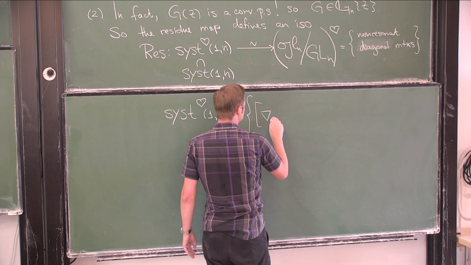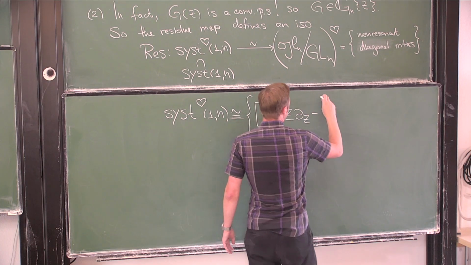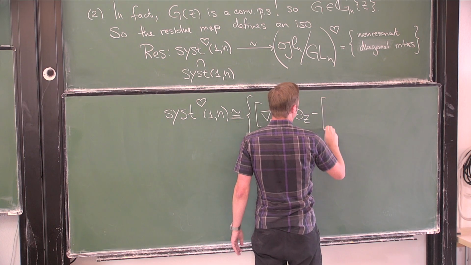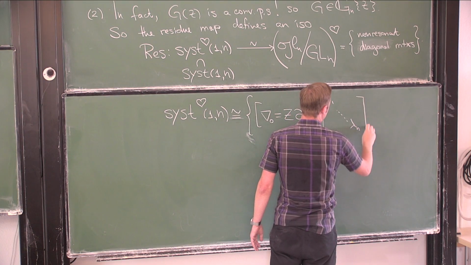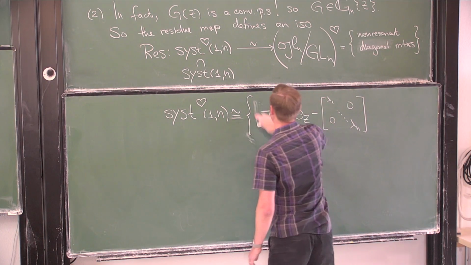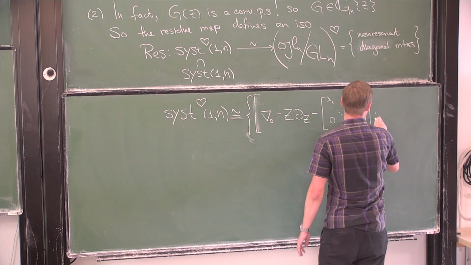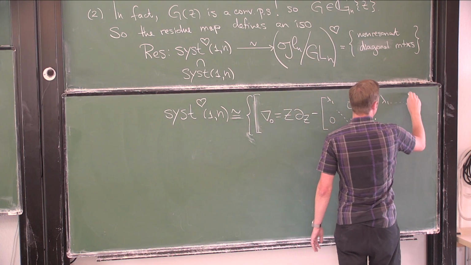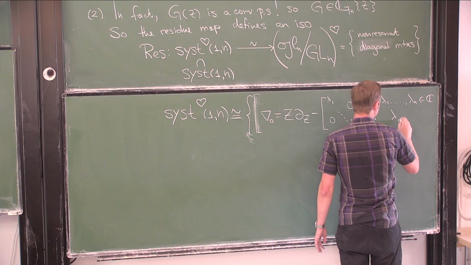So there are all these nabla naught, where the lambdas are just complex numbers satisfying the non-resonance condition.